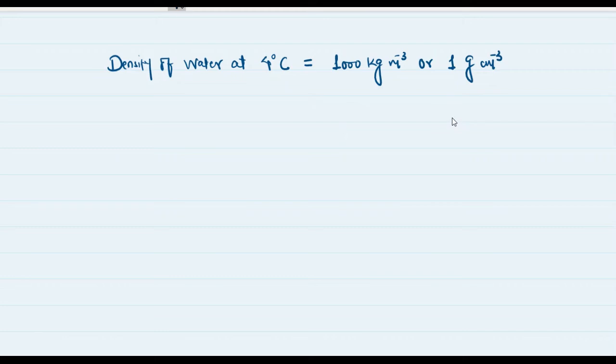So you must be thinking, if we want to find about relative density, why are we studying the density of water? Why are we writing the density of water at all?